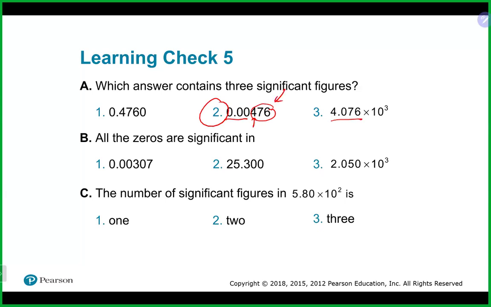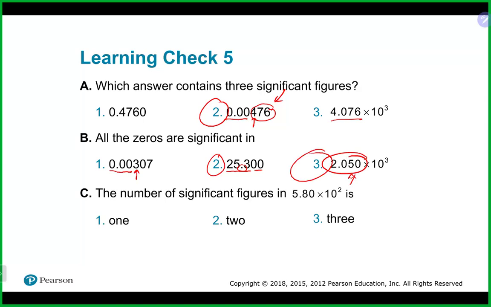Which ones have all the zeros significant? 2. So this is significant because of the decimal. These are not significant because we don't start counting until there. How about over here? Those are all significant as well. So it is 2 and 3 in this case, yeah?